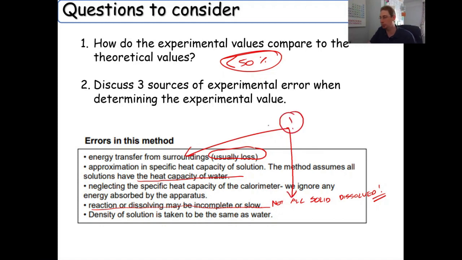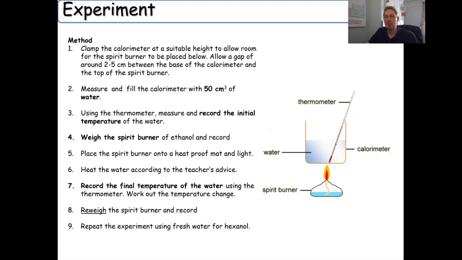Try and remember those. For the calorimetry experiment, you filled something with water, a copper calorimeter with water. It was copper to allow good heat transfer into it. You heated it up, you measured the energy change, you measured the difference in mass, so mass of fuel burnt. And then you measured the temperature change.